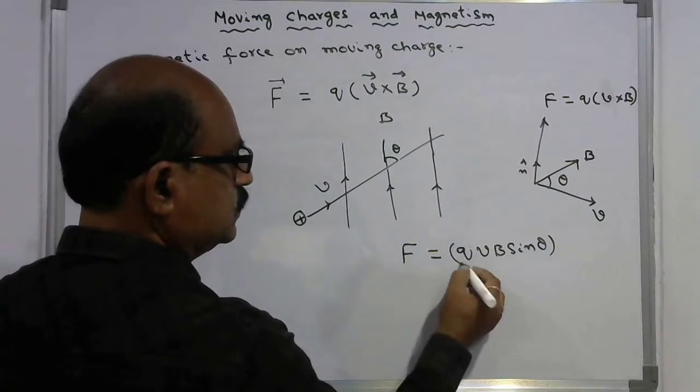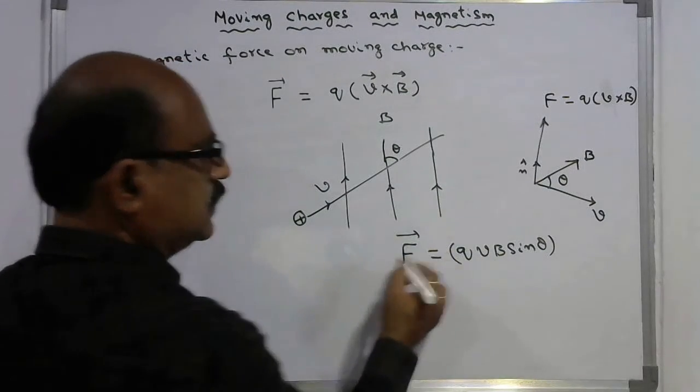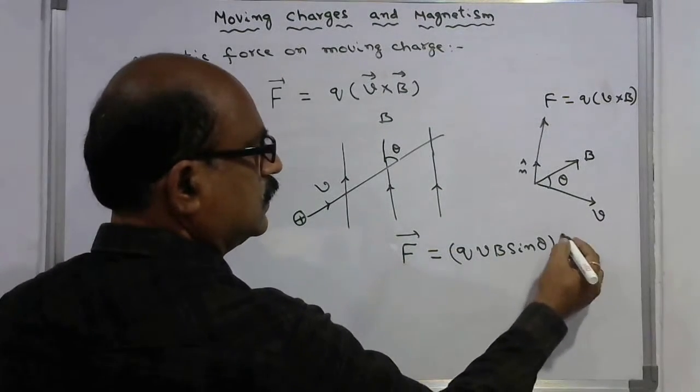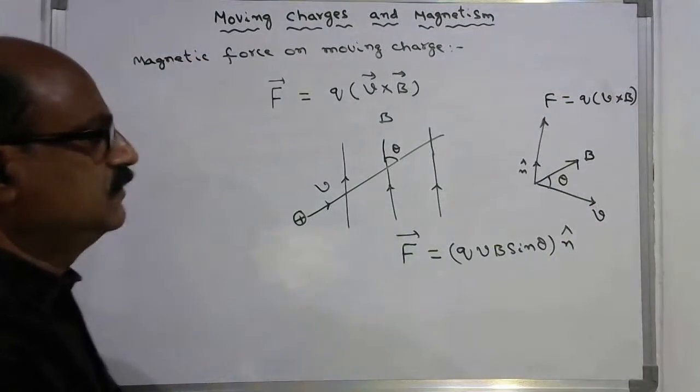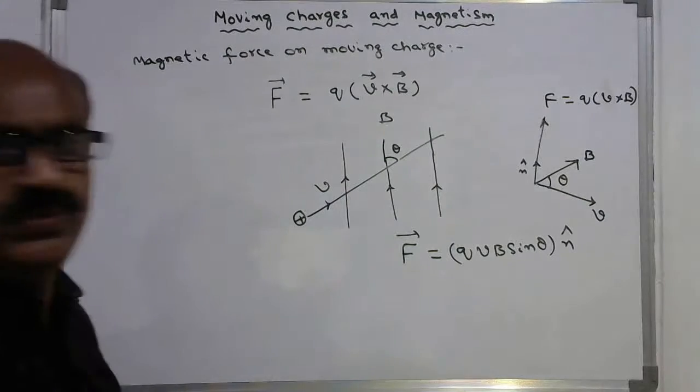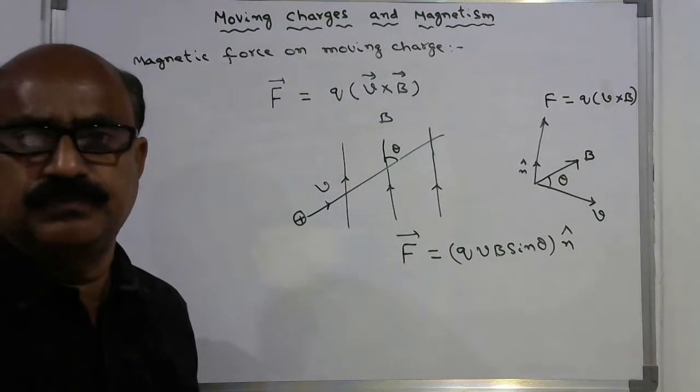This is the magnitude of the force, and if you consider this as a vector, this force acts in the normal direction with a magnitude of QVB sin theta.